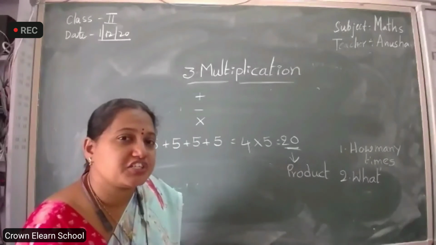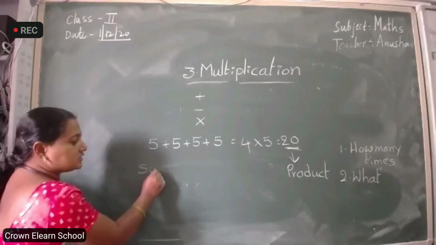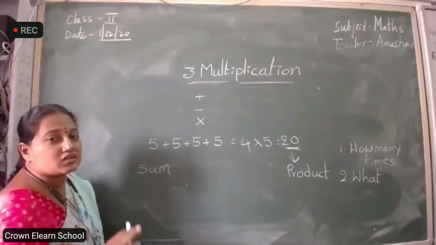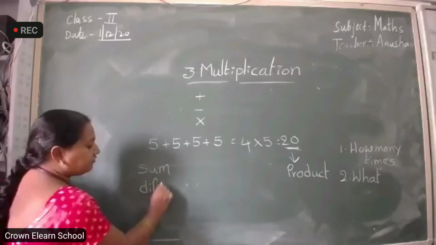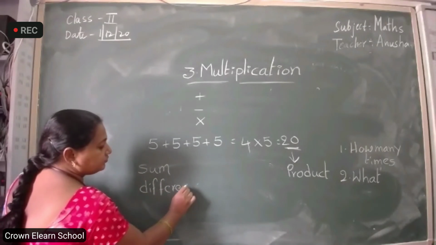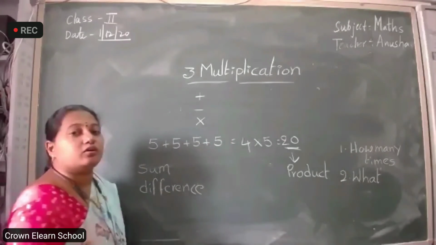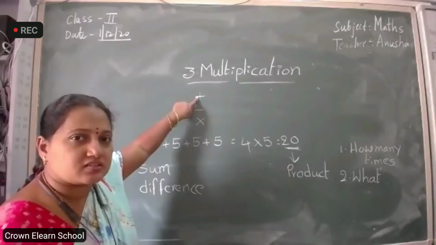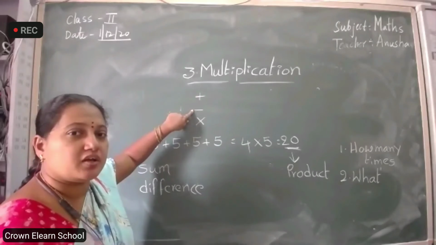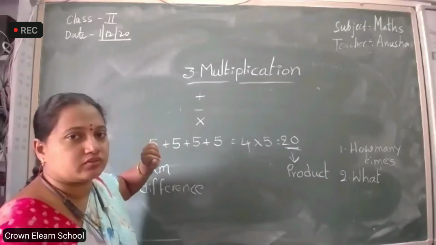Answer in the multiplication is called product. Answer in the addition is called sum. Answer in the subtraction is called difference. Sign for addition, plus. Sign for subtraction, minus. Sign for multiplication, into.